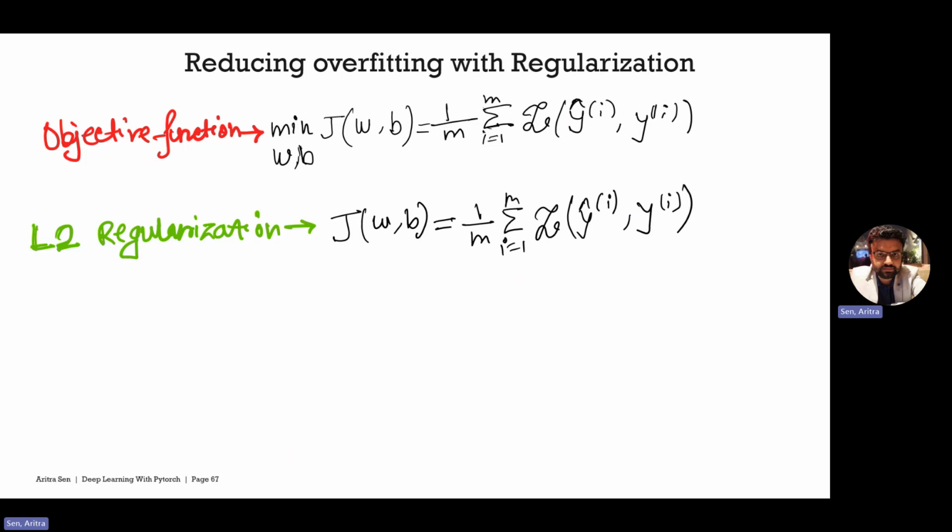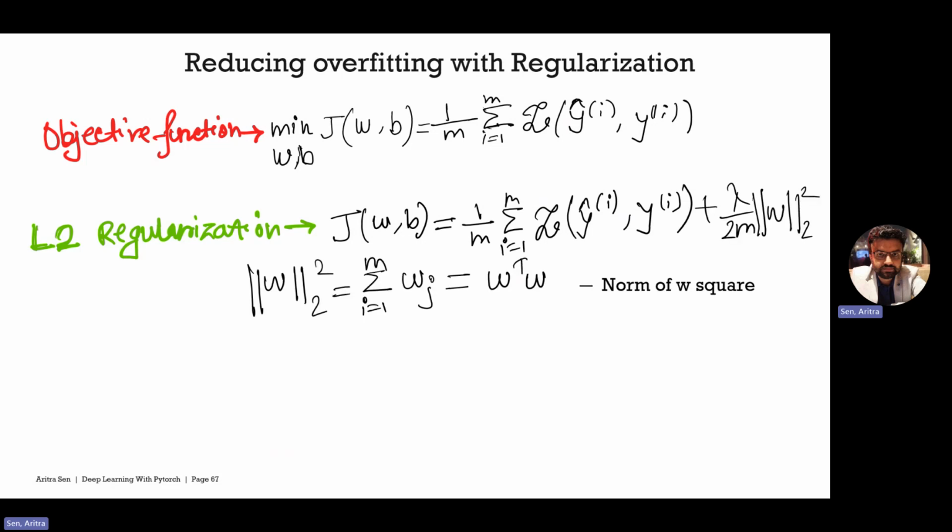Apart from this regular function, we also add a term which is lambda divided by 2m, times the norm of W squared. This norm of W squared is nothing but W transpose W. So we are squaring each of the element-wise weights and adding this term to our cost function.